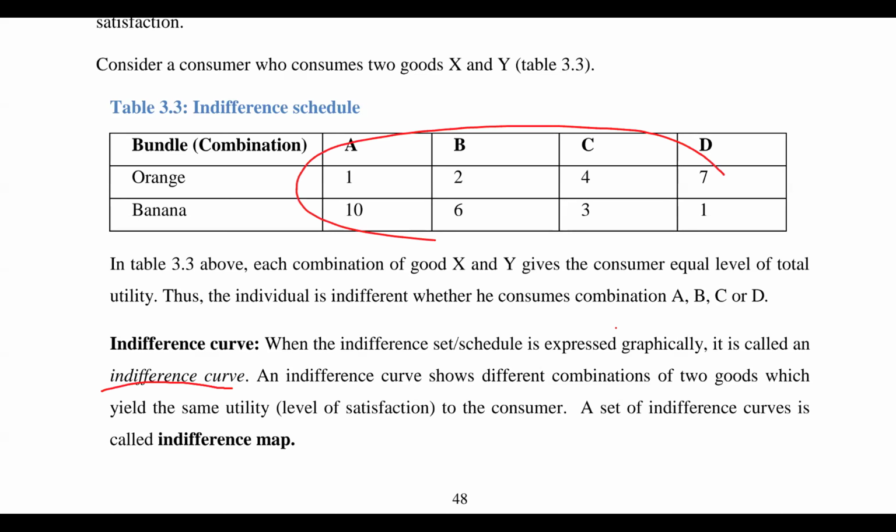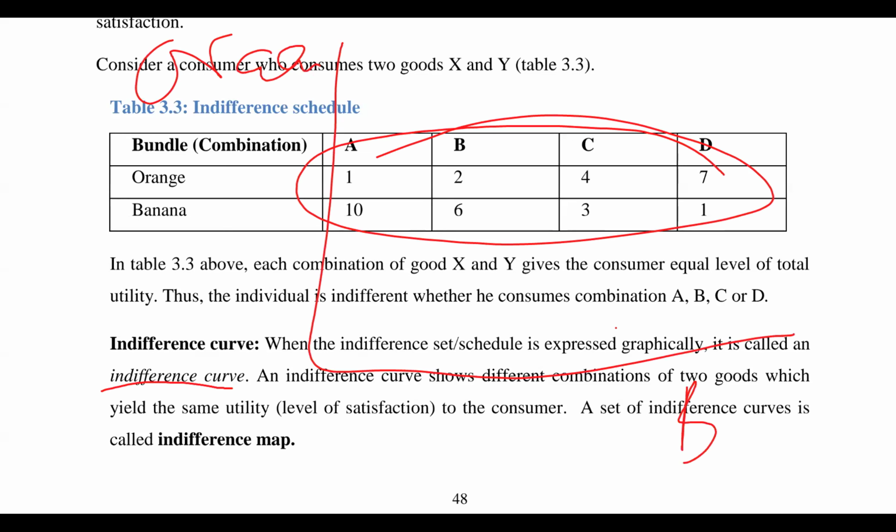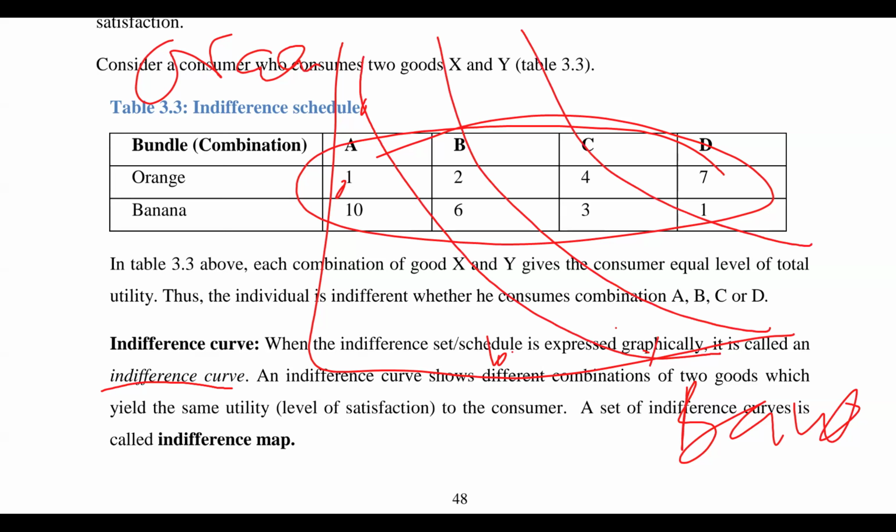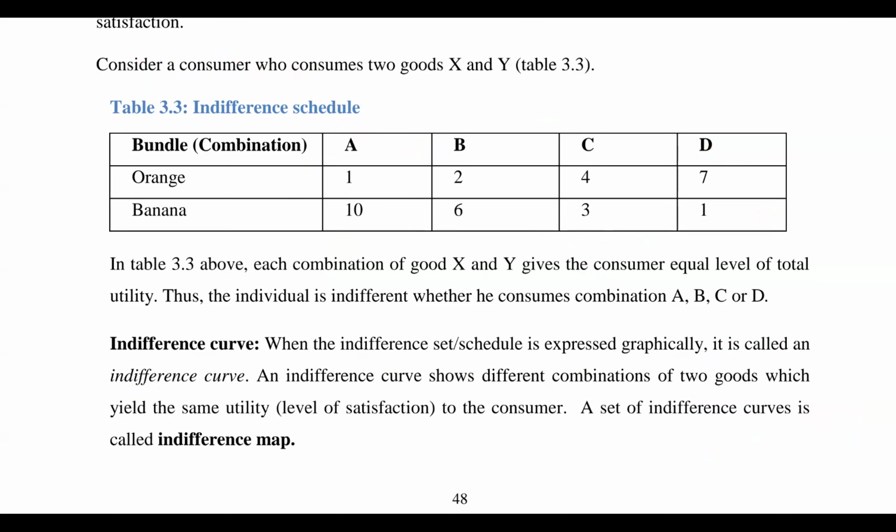So if you are to graph these, putting maybe oranges on the vertical axis and on the horizontal axis, you put bananas, and then graph these combinations, what you will have is a graph that will come out like that. And that graph is called an indifference curve. Is that clear? If you graph these points, they'll produce a graph.